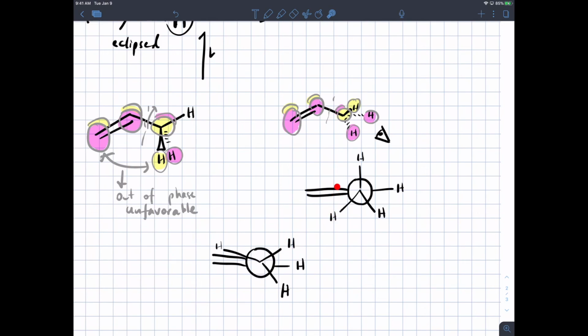In other words, maybe moving a little bit away from the double bond isn't that much better than being eclipsed with it. If you want to avoid it being eclipsed with the double bond, you have to approach the hydrogen on the other side more closely. I don't know. That's a good question. I'm sorry I don't have the answer to it.